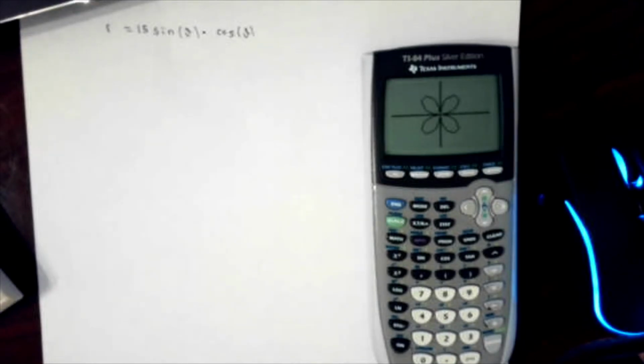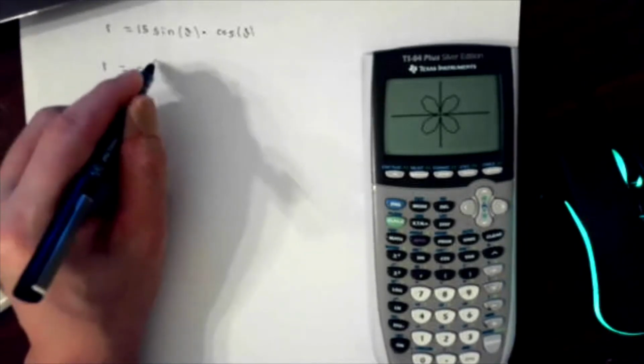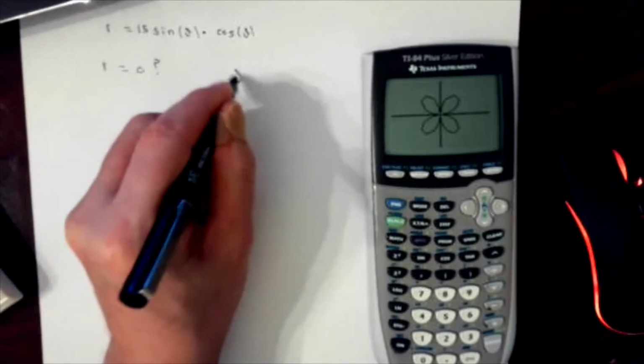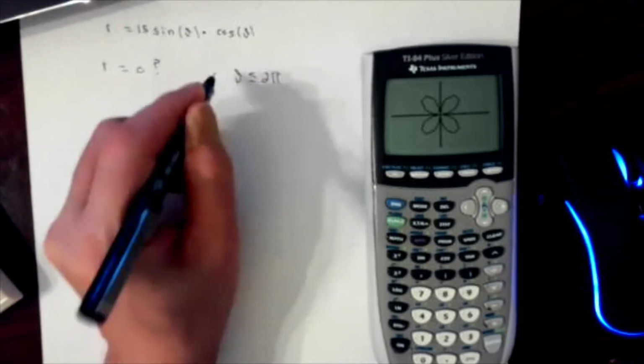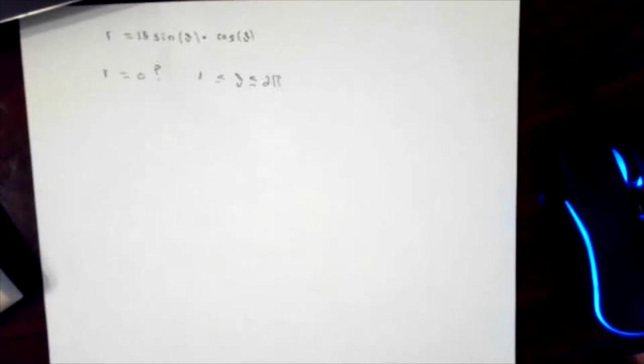Looking at it, it looks like there are quite a few ways that this thing can pass through the origin. I want to figure out when r can be 0, and I'm only looking at the thetas between 0 and 2 pi. Now, the only way a product can be 0 is when one of the factors is 0. 15 is a positive constant, so I don't have to worry about it.